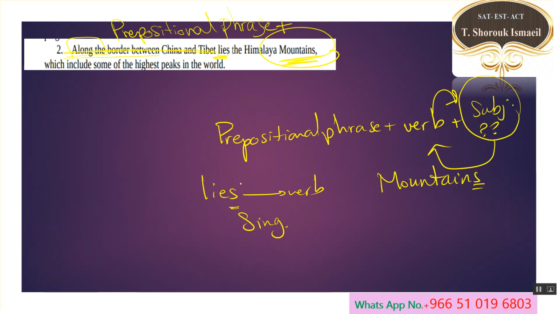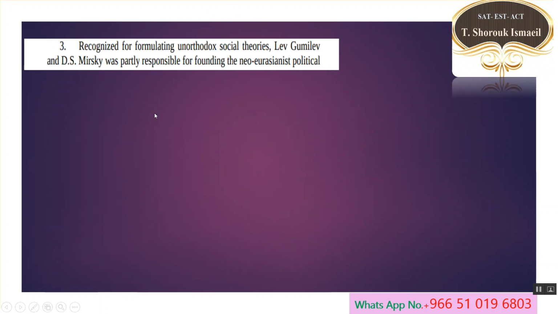So I need to fix my verb. My verb needs to follow its subject. How can it follow the subject? It needs to be plural too. So I need to cross out the letter S. The correction is going to be dropping the S. So it's going to be "lie the Himalayas" now. Okay, let's move on.